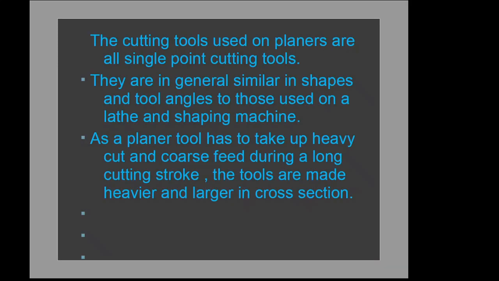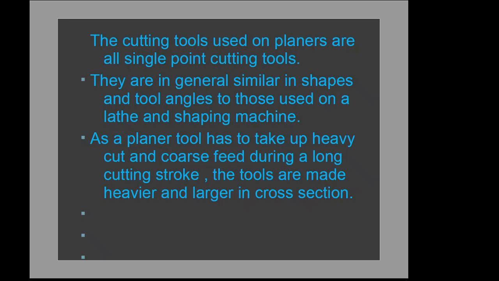Let us discuss the planer tools, the tools used in a planer machine. The cutting tools used in planer machine are single point cutting tools which are similar in shape and tool angles to tools used in lathe and shaper machine. The tools used in planer machine are heavier, larger in cross section, and have higher strength and rigidity.